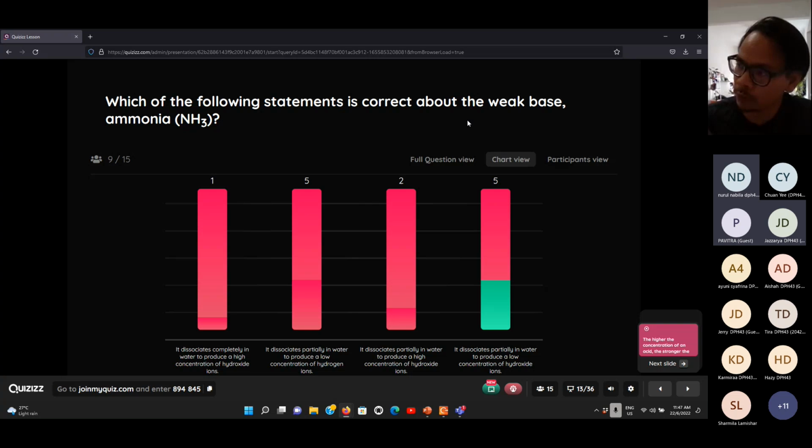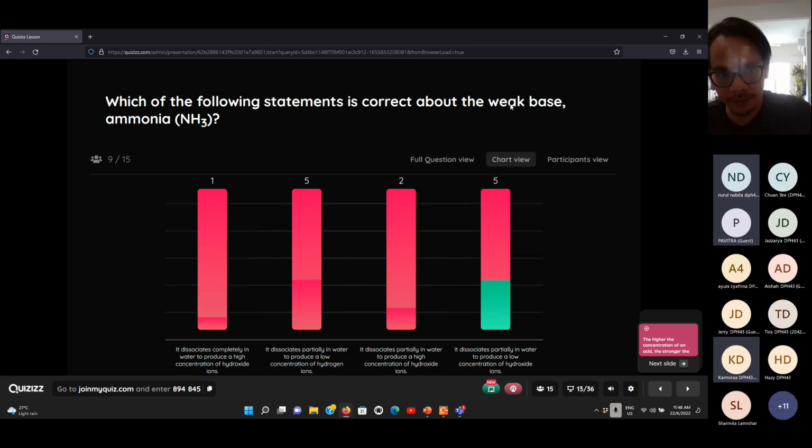So the way for you to tackle this question is to look back at the question. Which of the following statements is correct about the weak base ammonia? The question has told you the species, ammonia, which is a weak base. So you have to figure out in your head what a weak base is. What is the definition of a weak base? Arrhenius theory.